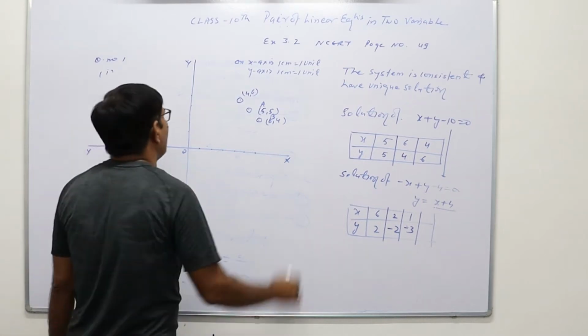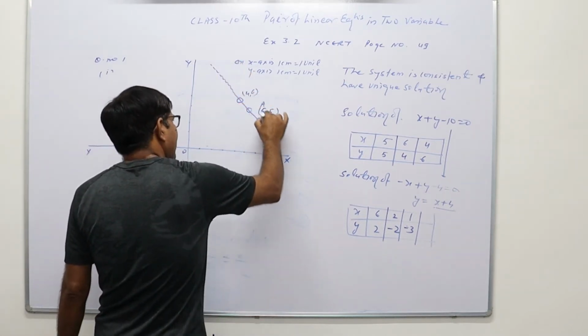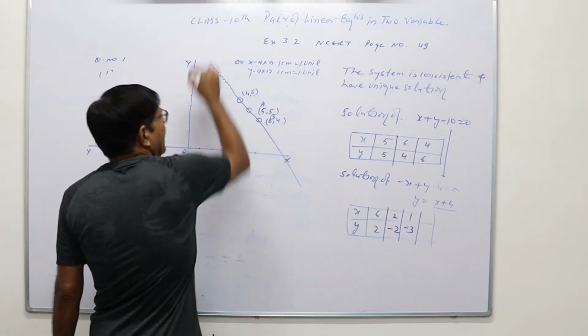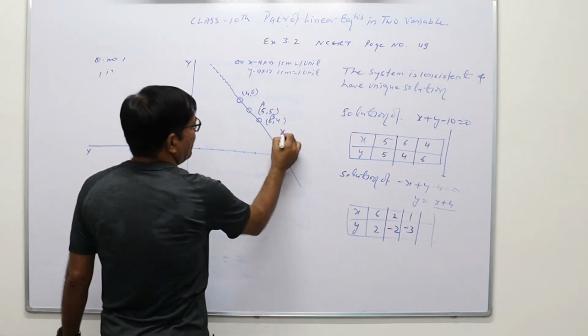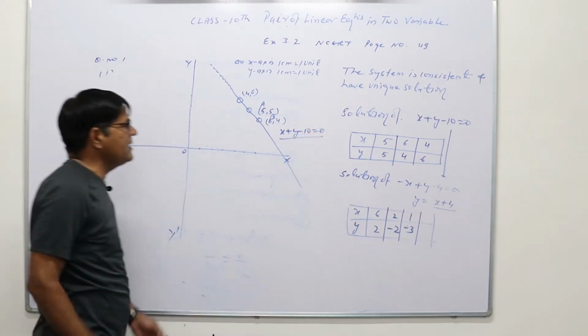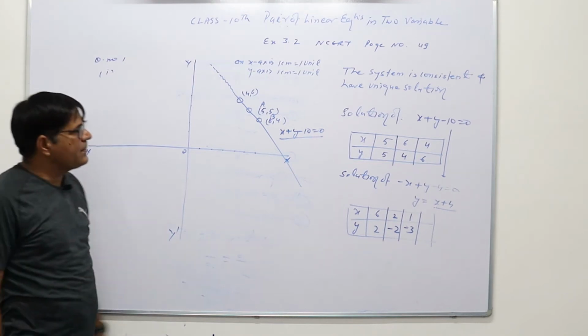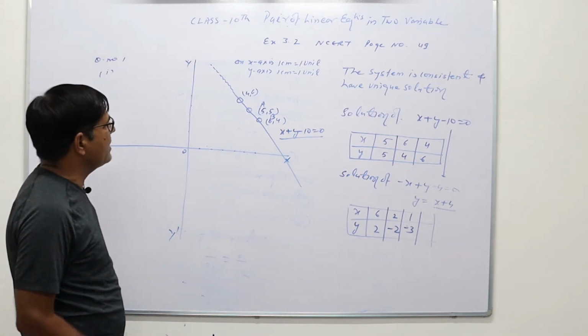Now freehand you can join these three points, so you will get one line, that is x + y - 10 = 0.